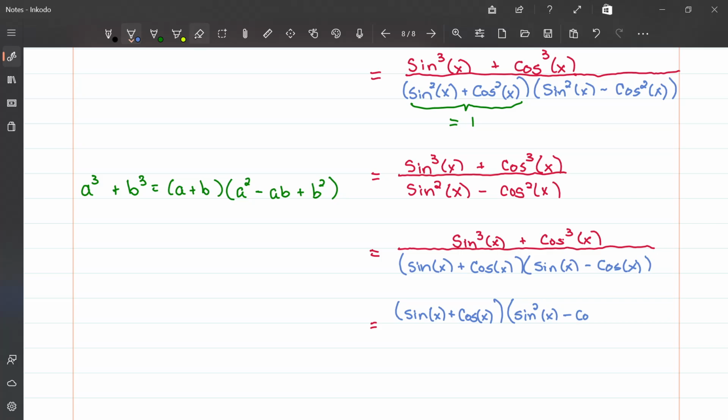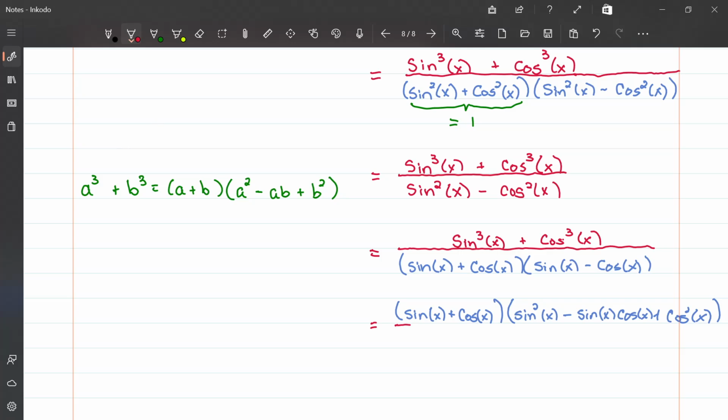I may as well go ahead and do it in the order sine cosine. And then barely on the screen, plus cosine squared. Woof, you thought the previous step was bad.